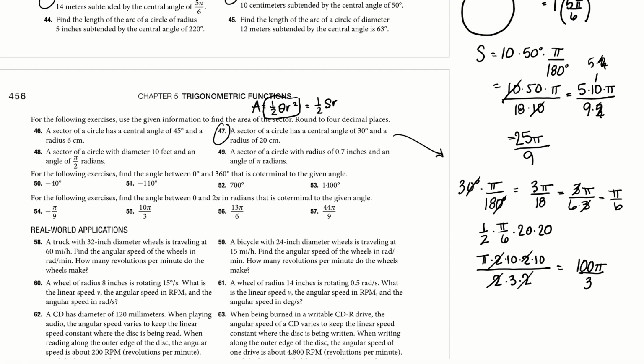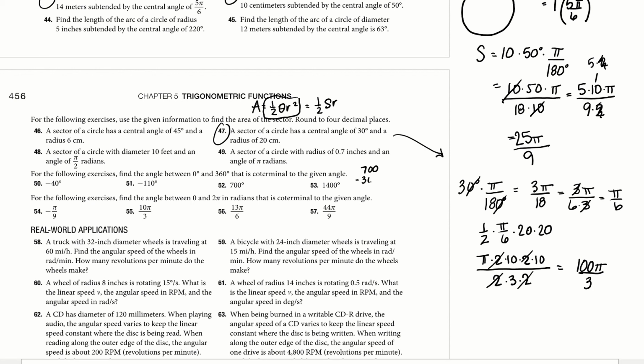So coterminal angles now. We need an angle between 0 and 360 that's coterminal with this angle. Now remember that involved adding and subtracting multiples of 360 or 2 pi. So these are in degrees, which means we're going to use degrees. So 700.